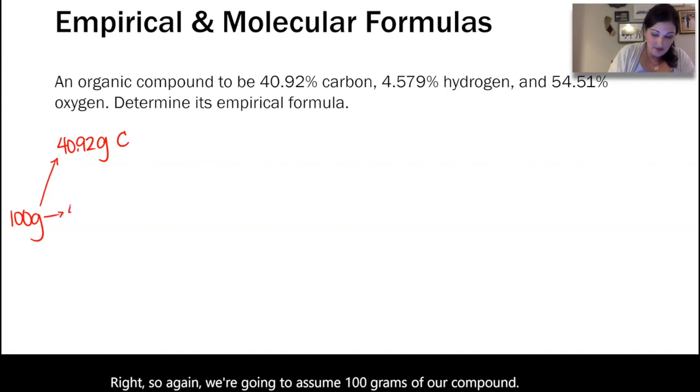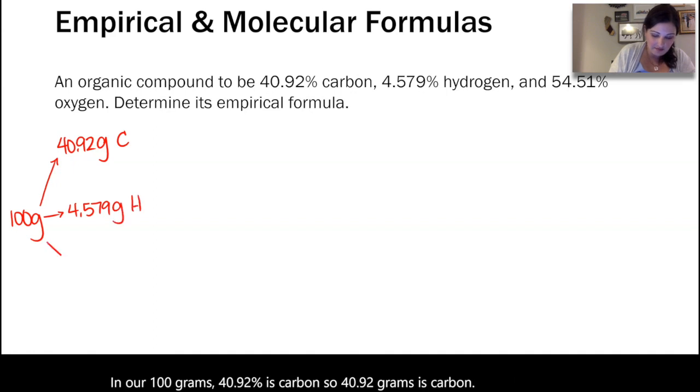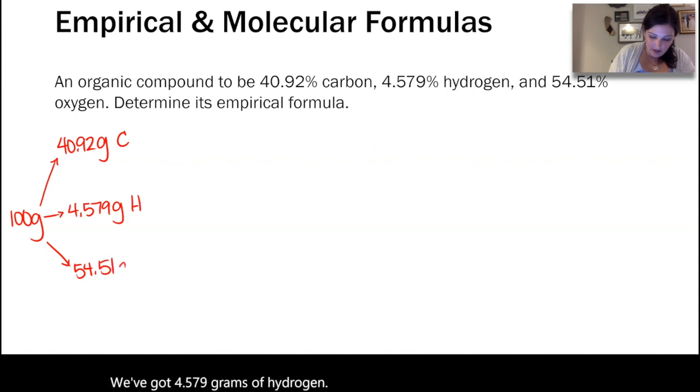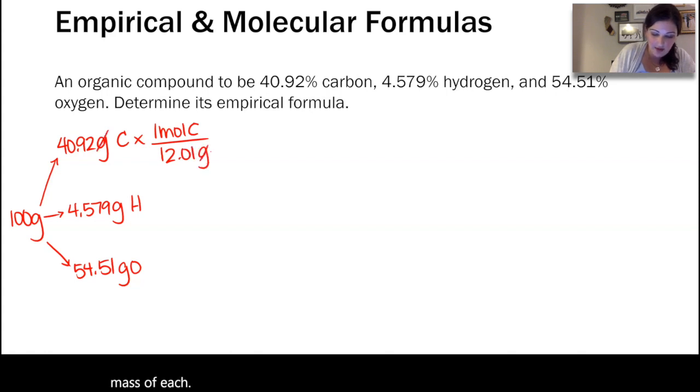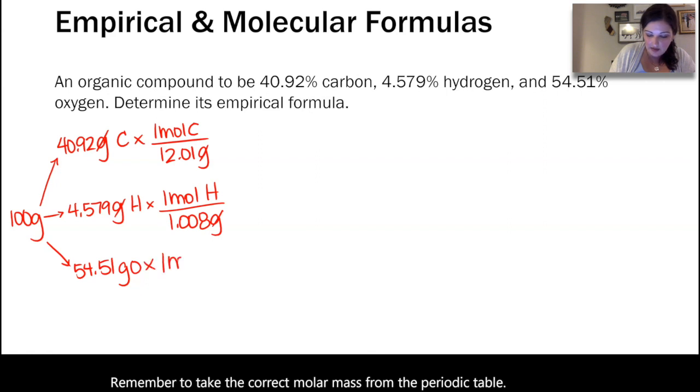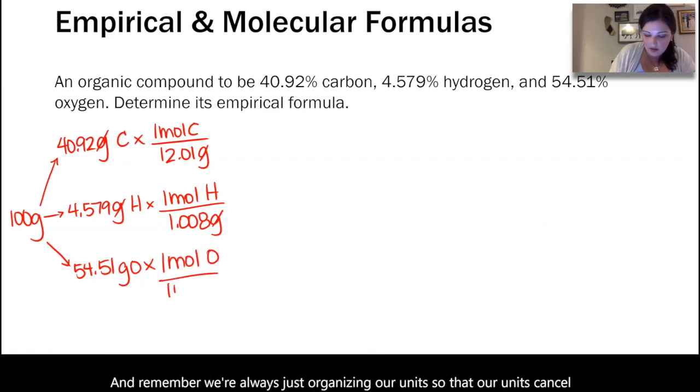We've got 4.579 grams of hydrogen and 54.51 grams of oxygen. I'm going to take each of those and use the molar mass of each to convert into moles. Remember to take the correct molar mass from the periodic table. And remember, we're always just organizing our units so that our units cancel out and give us the units that we want.